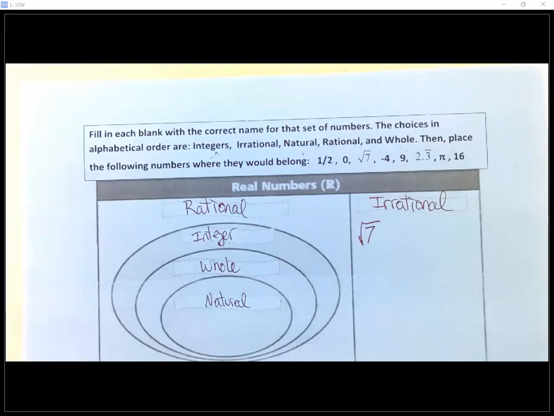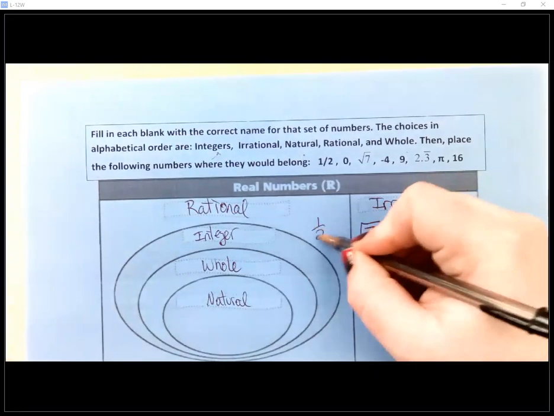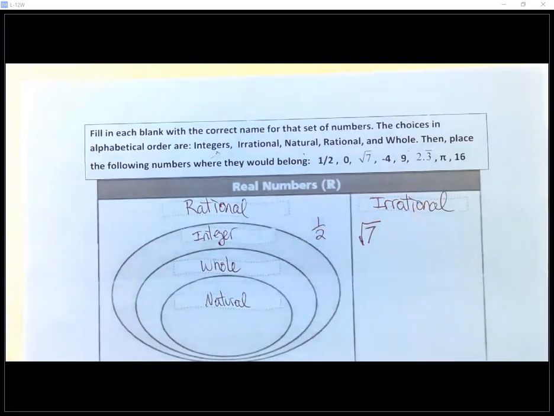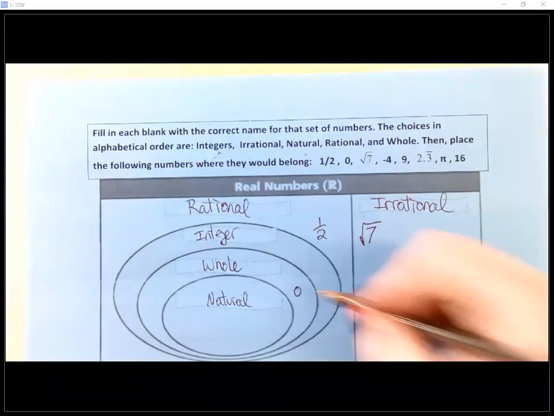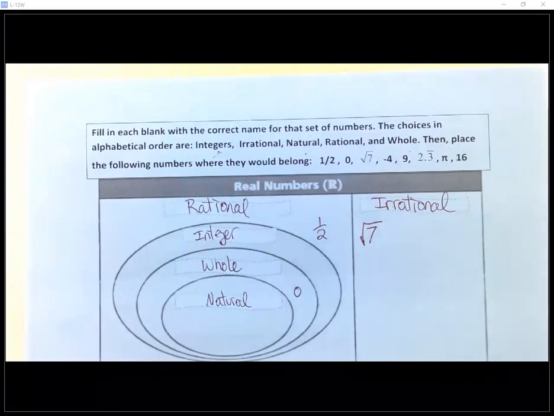Where would I put 1/2? Rational, yes. Fractions go in the rational section. 0? Whole numbers, yes. Remember, the only difference between natural and wholes is that the whole numbers include 0 and the natural numbers don't.